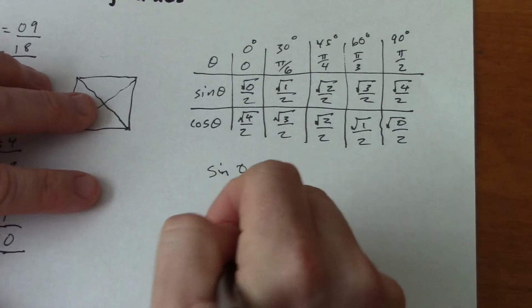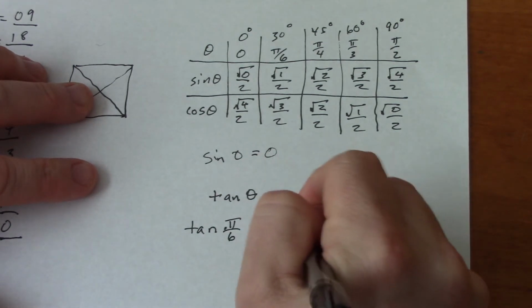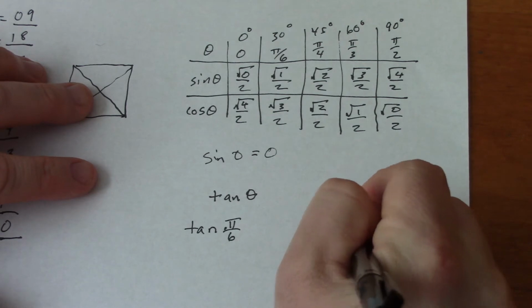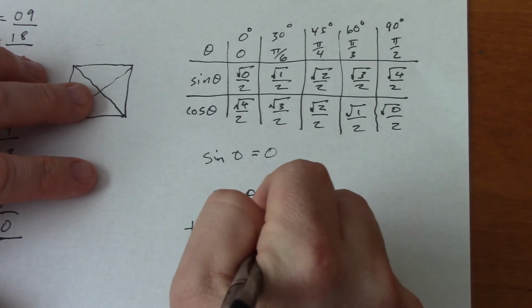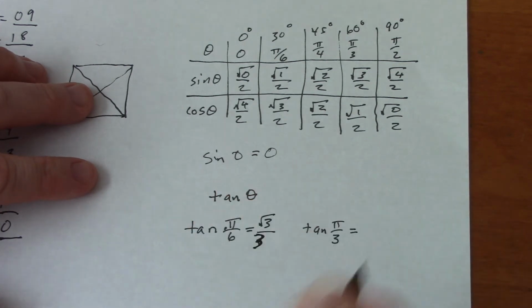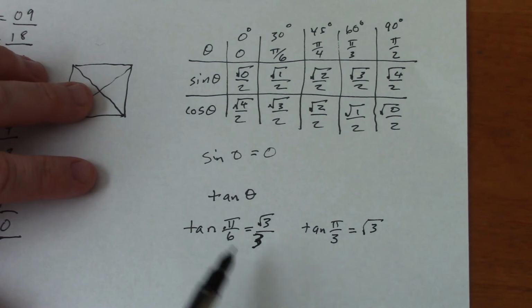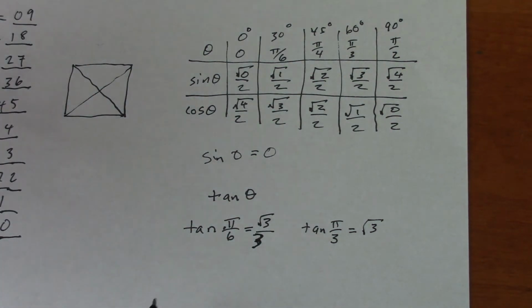And my little way of remembering that, so tangent of pi over 6 and tangent of pi over 3. So pi over 6 is going to give me the value root 3 over 3, and tangent of pi over 3 is just root 3, and the easy way to remember that is 3 plus 3 is 6, and there's only just one 3 there.